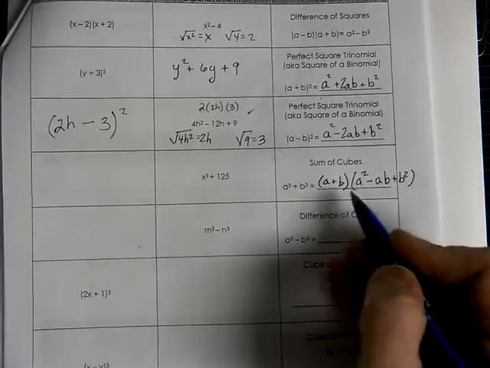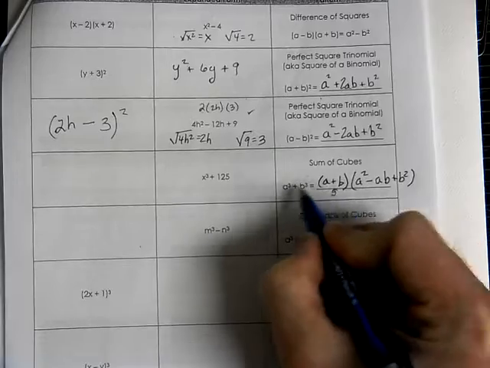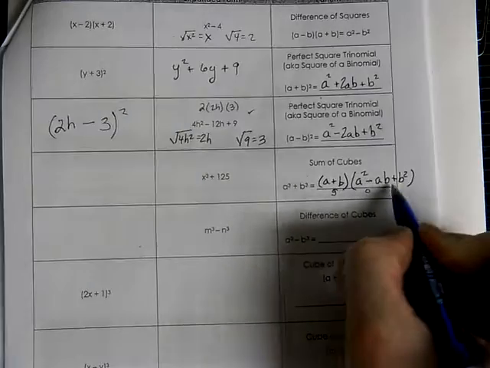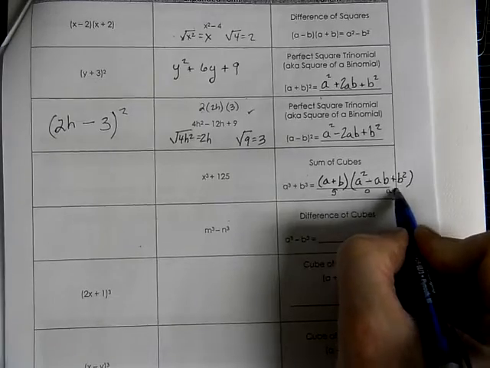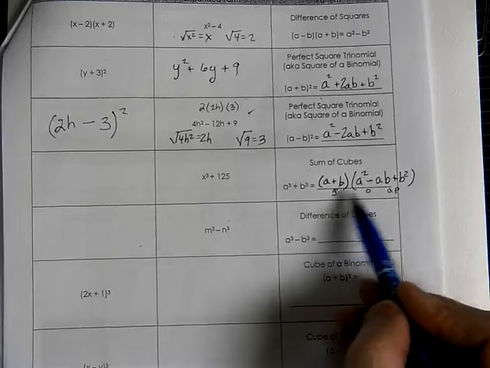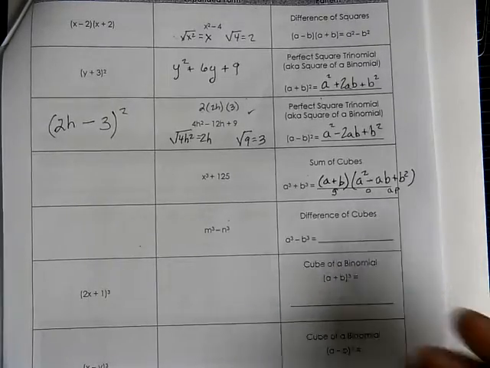With the acronym SOAP: same is the sign, opposite is the sign, and always positive is the sign. So to remember your signs, you can think of the word SOAP: same, opposite, always positive, if that helps.